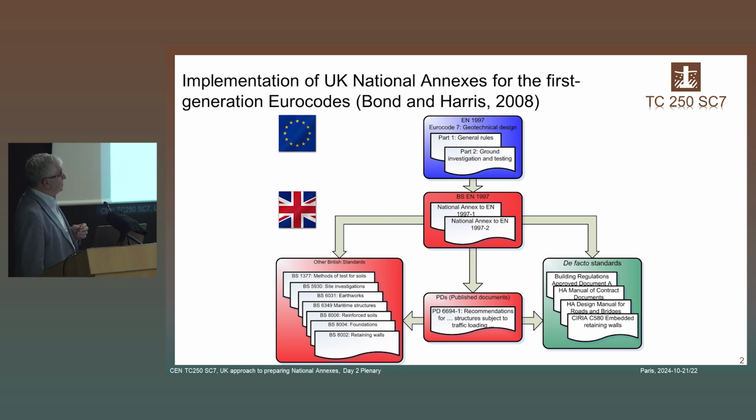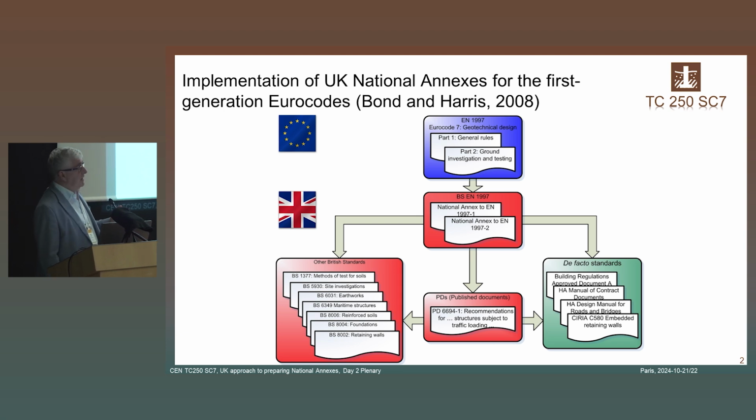One of the things that those national annexes do is make reference to what was called non-contradictory complementary information, NCCI. You may have heard those initials. That complementary information is currently held in other British standards, and I've got a selection of British standards there in red. Many of those, when the first generation Eurocode came out, needed to be rewritten to go over to a partial factor system.